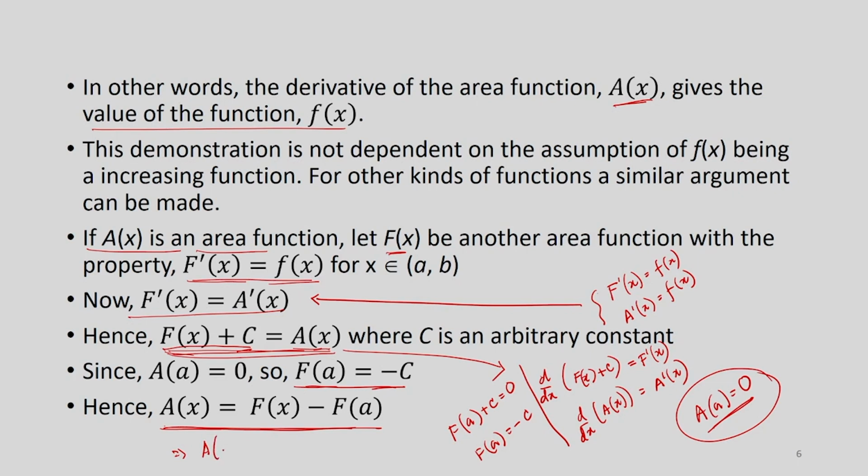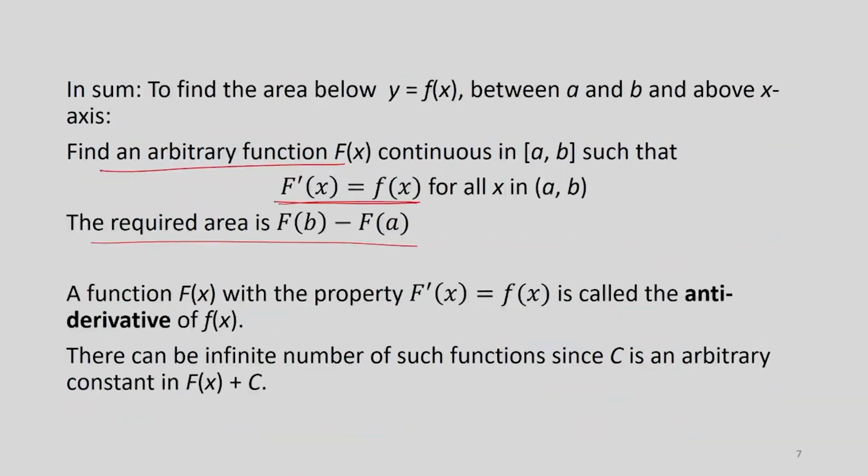A of b is equal to F of b minus F of a. And what is A of b? It is nothing but the area that I wanted to find, and therefore capital A, which is the required area, is equal to F of b minus F of a. That is what I have written here, F of b minus F of a.